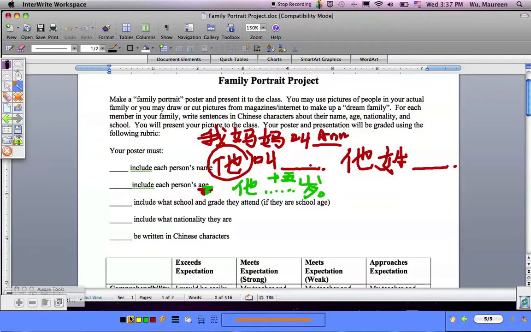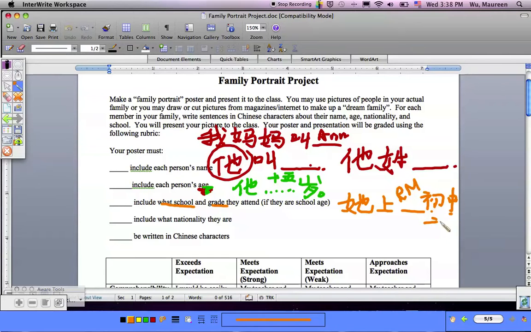How about a sentence including what school and grade? Somebody raise your hand and give an answer. A sentence about what school or grade. So maybe somebody said 她, and we're going to say she this time instead of he, because maybe I'm talking about a sister. 上, and the name of the school, and I'm going to say 初中. So they attend, let's say, Rosemount Middle School.